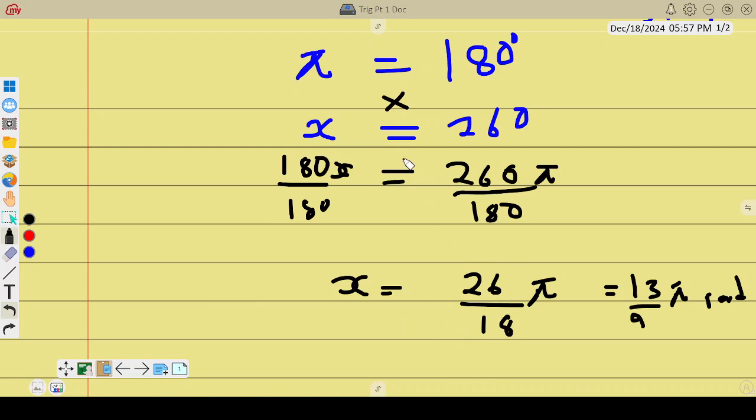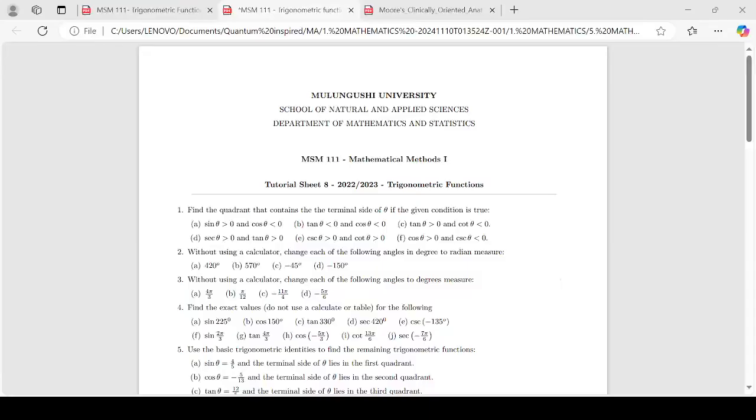From here we can also be given something in radians, and then want to convert it to degrees. So let's go back to the tutorial sheet. We answer something on this. So there is our tutorial sheet.